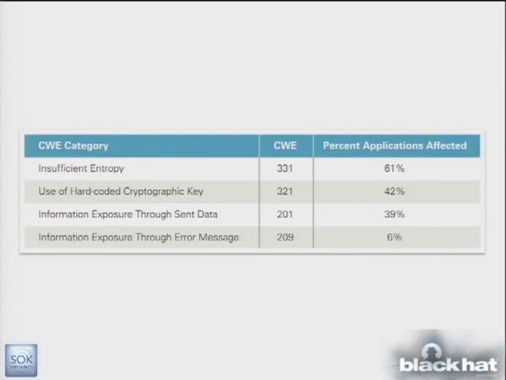And then some of the other categories is information exposure through sent data. We saw 39%. Because of the threat model of the mobile device, a lot of the big threats are not someone compromising the device through a buffer overflow or SQL injection and things like that, where they would take over the device to get the data. A lot of times the risk is that the app is written insecurely and is leaking data.